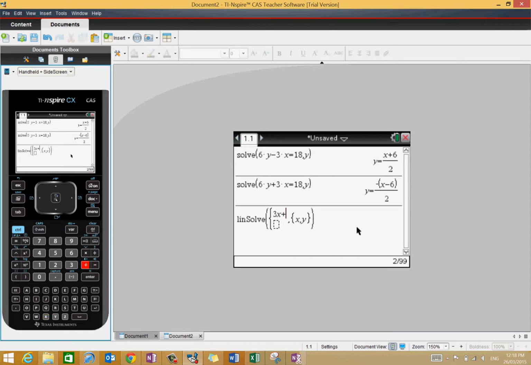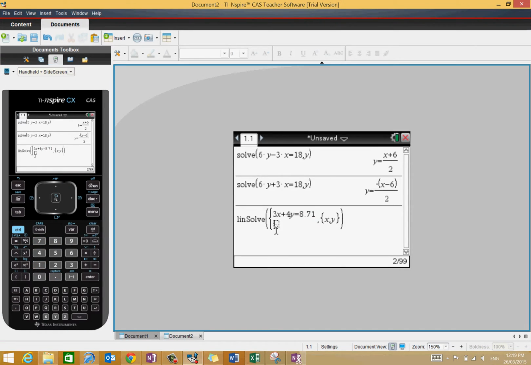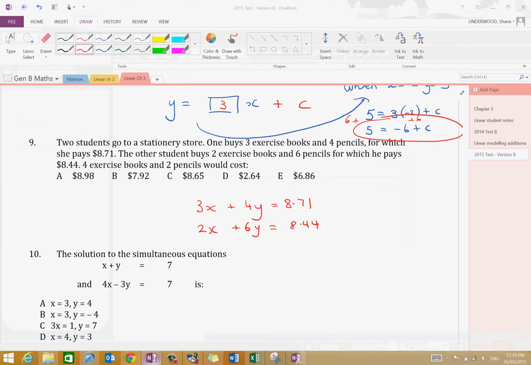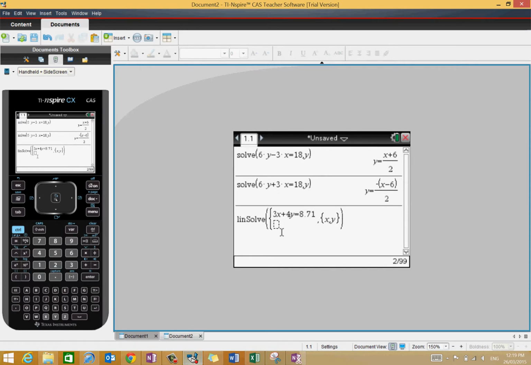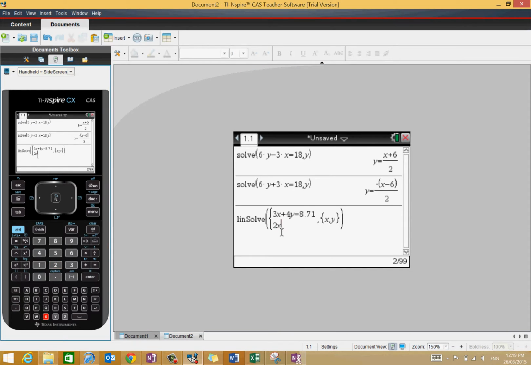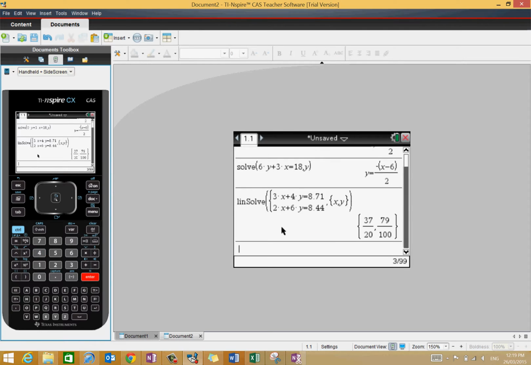And then the next one was 2x plus 6y is equal to $8.44. And then there you go.